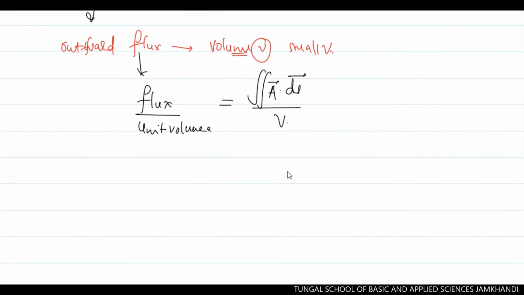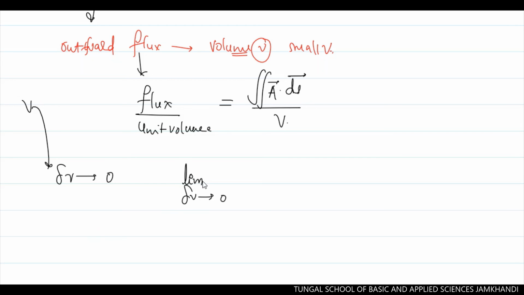Now, as I have taken that the volume is going to be very small, I will define that delta V is tending to 0. If I apply the limit here, limit delta V going to 0, it means I am shrinking the volume to dV. The volume is getting very small, so the whole volume seems to be like a point. Out of that point, a vector A is coming out, right?